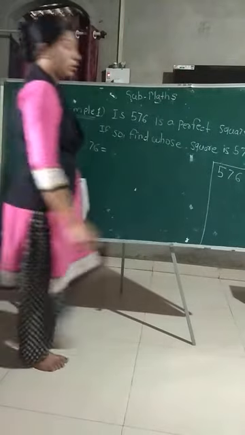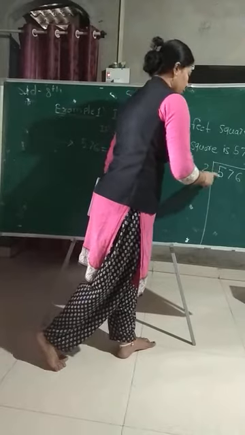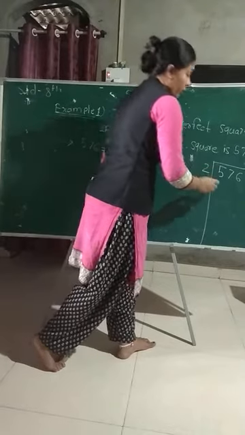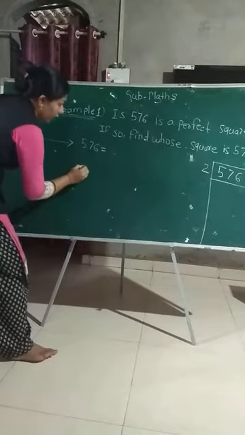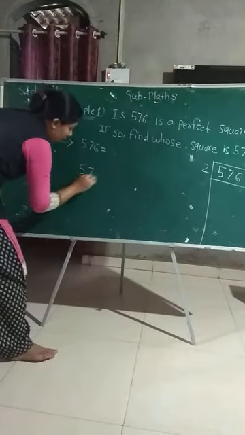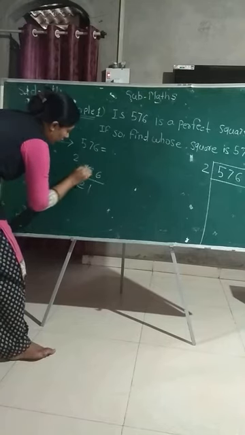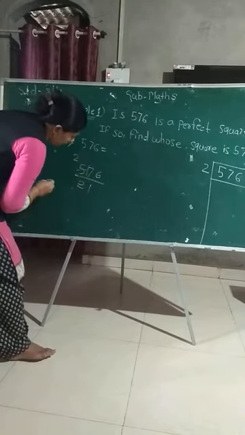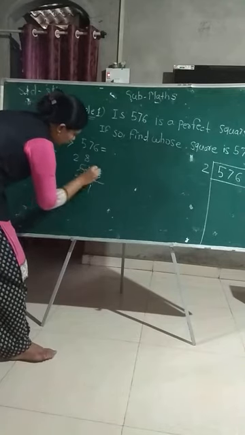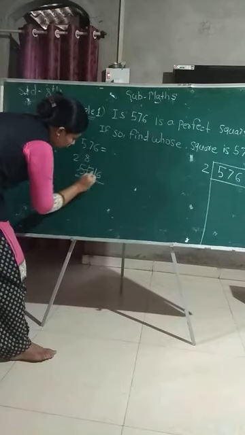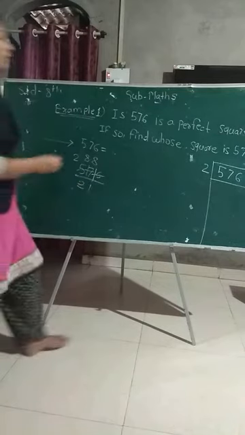Take number 2 and divide this number by 2. 2 ones are 2, 2 twos are 4, 2 eights are 16. So the next number is 288.